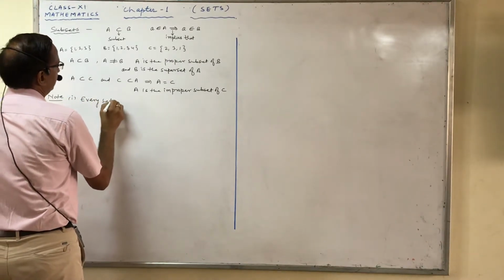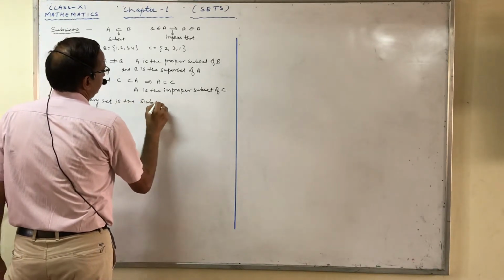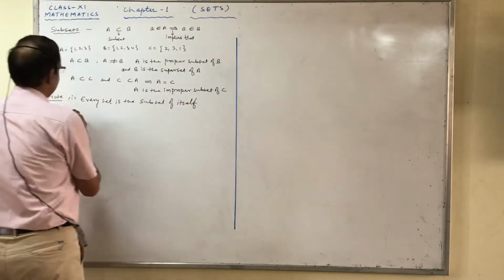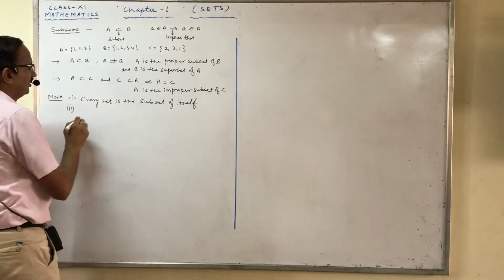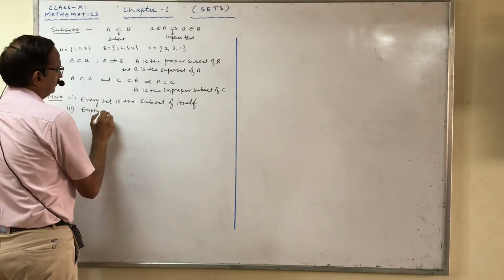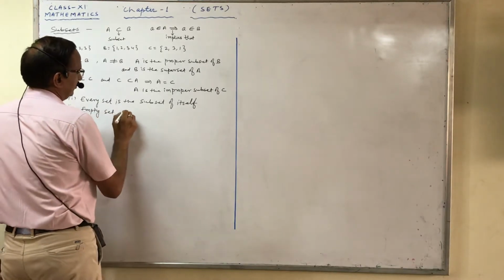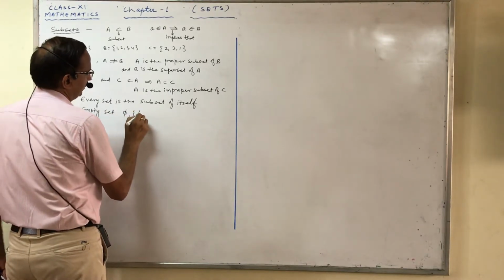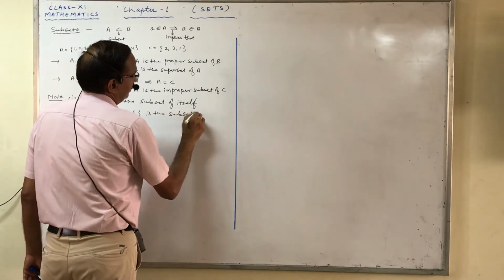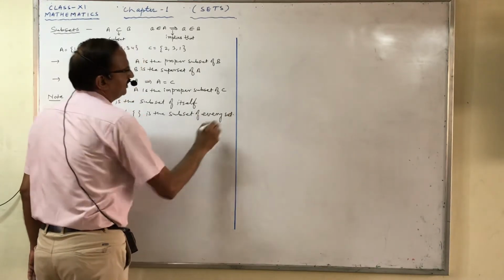Second thing, the empty set, means phi, is the subset of every set.